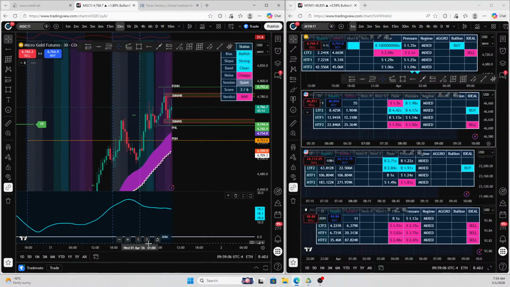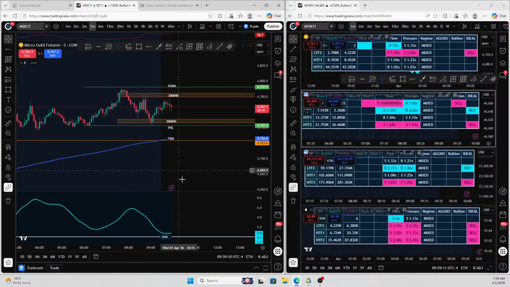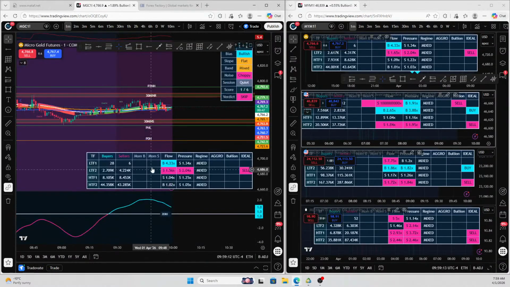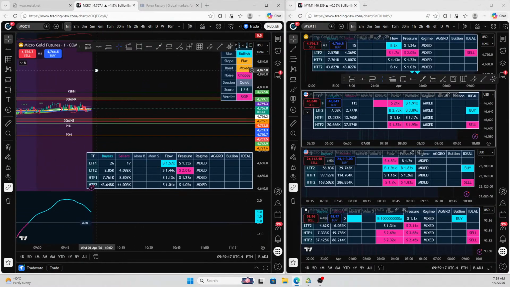We see, okay, so we are bullish on 30, on 15 we are bullish, on 5 we are bullish, and on 1 we are bullish as well. So everything is pointing towards the bullishness.